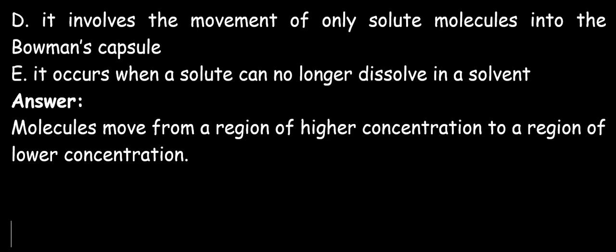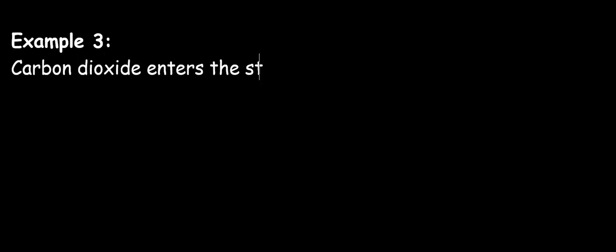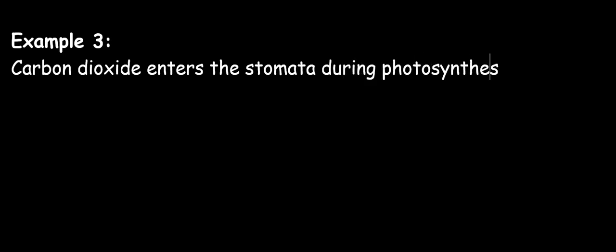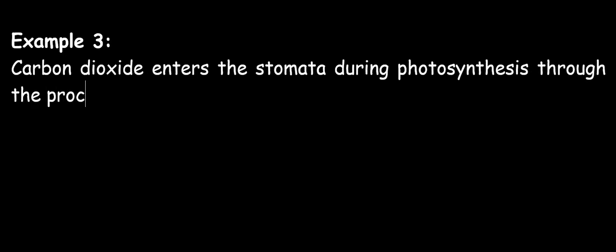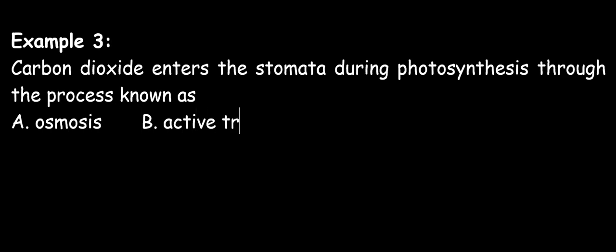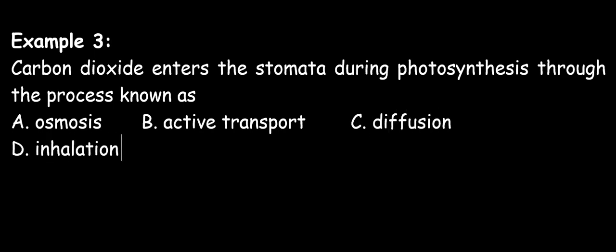Our next question. Carbon dioxide enters the stomata during photosynthesis through the process known as A. Osmosis, B. Active transport, C. Diffusion, D. Inhalation, E. Ventilation.